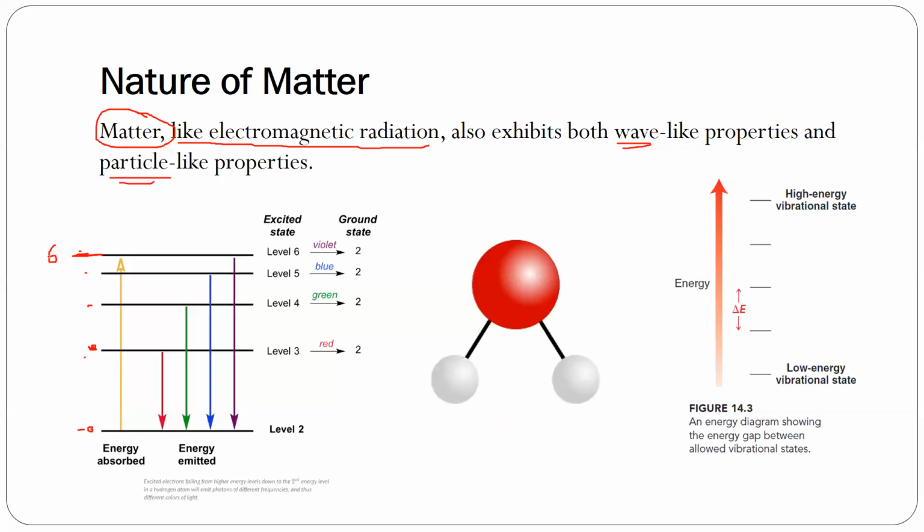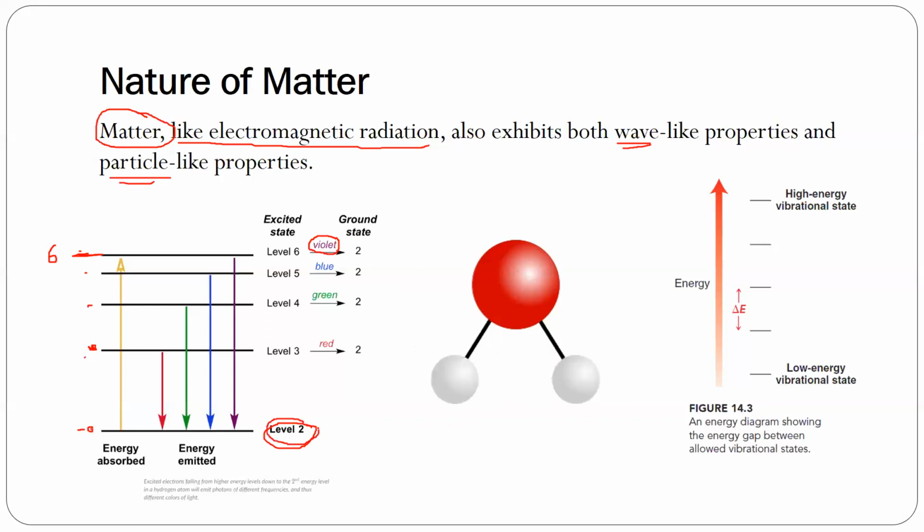And then, after you absorb, okay, napunta na siya sa level 6, ang tawag dyan ay excited state. Ngayon, kapag nag-emit na siya pabalik sa level 2, okay, that amount of energy, it turns out, corresponds to the energy associated with the violet part of the visible radiation. Kaya you will see some violet color. And we call this the ground state, yung pagbalik ng transition of energy sa level 2.